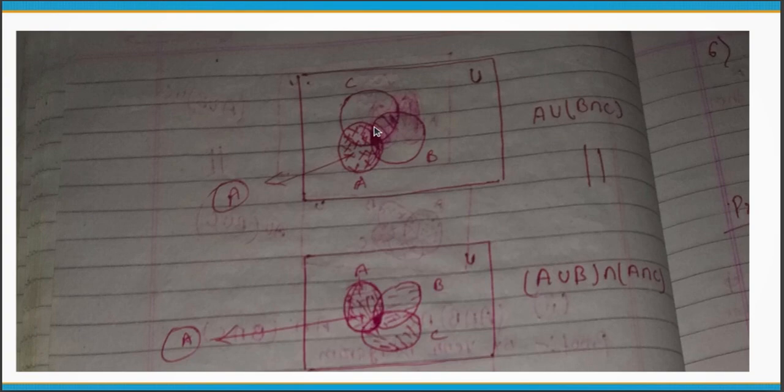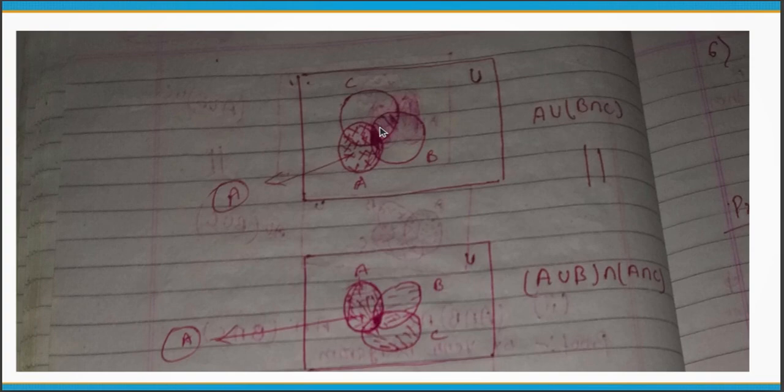This is the part B intersection C. Now union with all elements of A, means all elements of set A, means set A union with B intersection C. Set A, all elements. This leaves this, because this part is not in the union with B, and this is the shaded part, means set A. And this is also a part, the only part shaded, B intersection C, union.